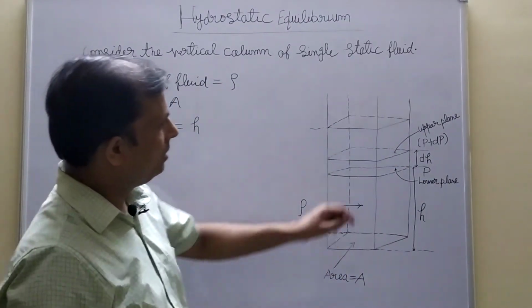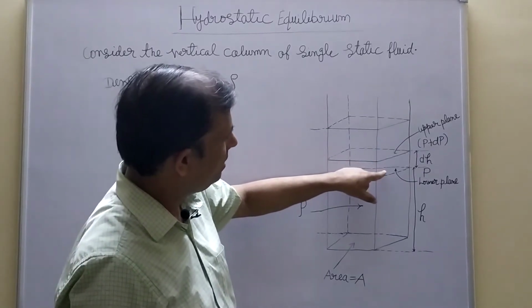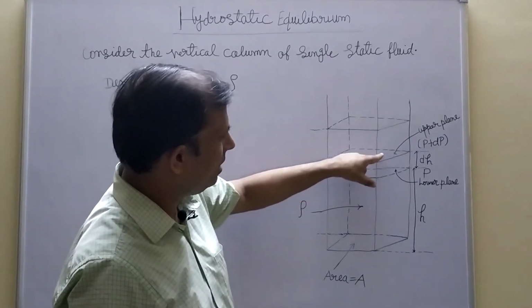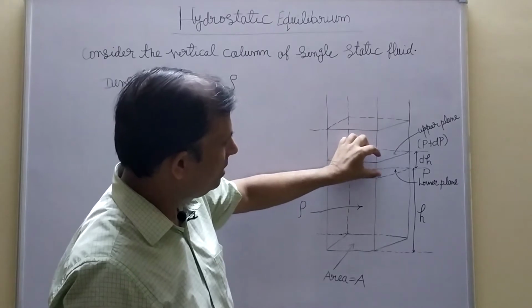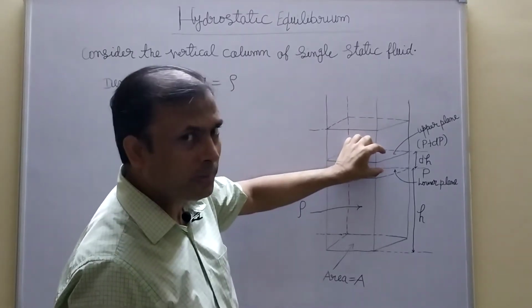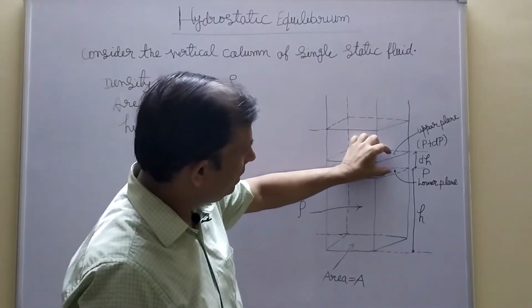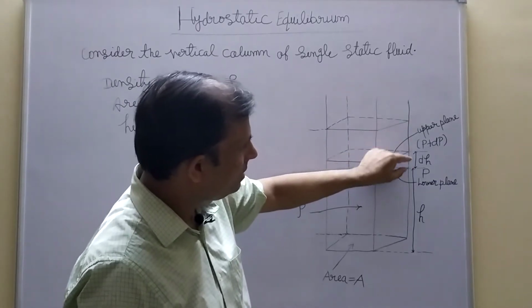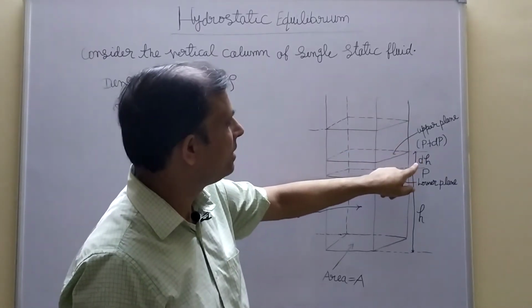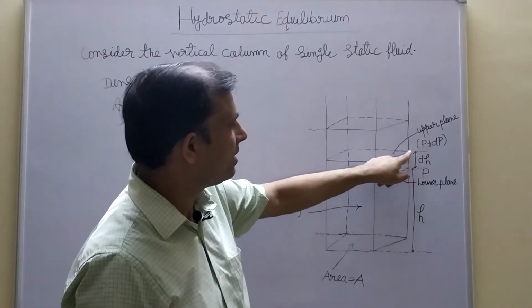This is the first plane, the second, and this is the third plane. These two planes are consecutive planes, so the thickness between them is dh, the differential height.